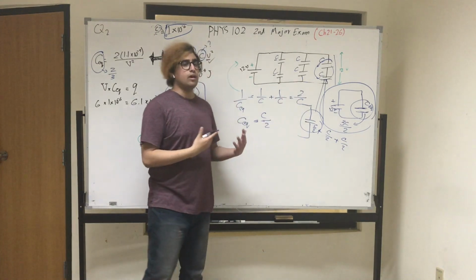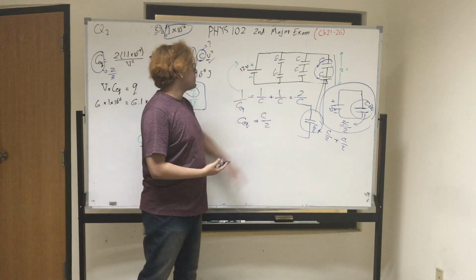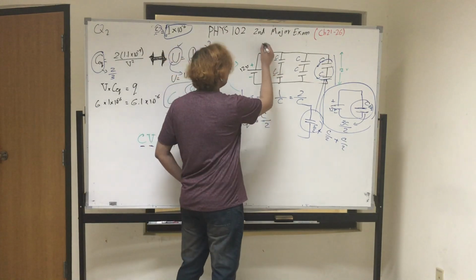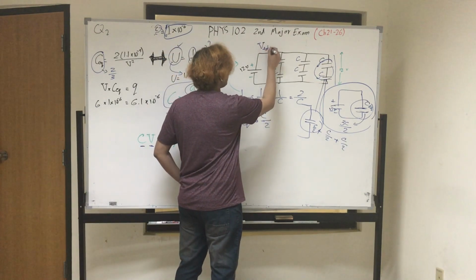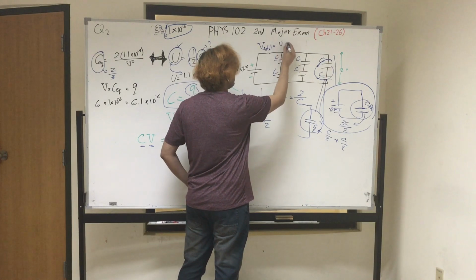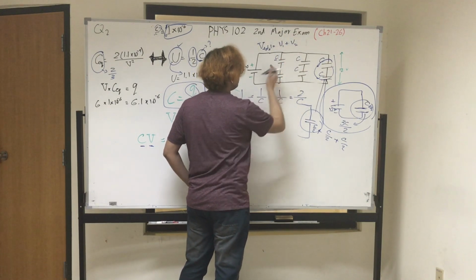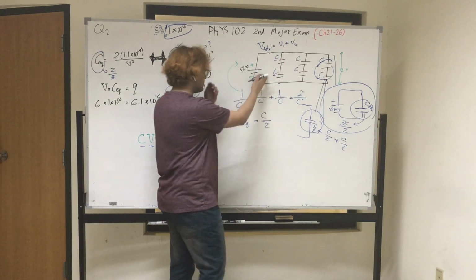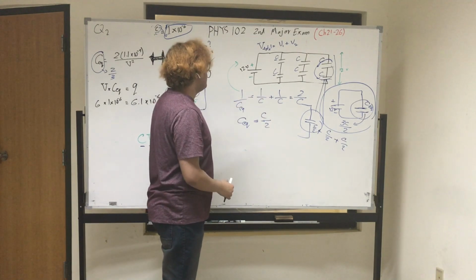So we have a rule: when we have two capacitors in series, the total voltage is equal to the sum of each voltage of these capacitors in series.